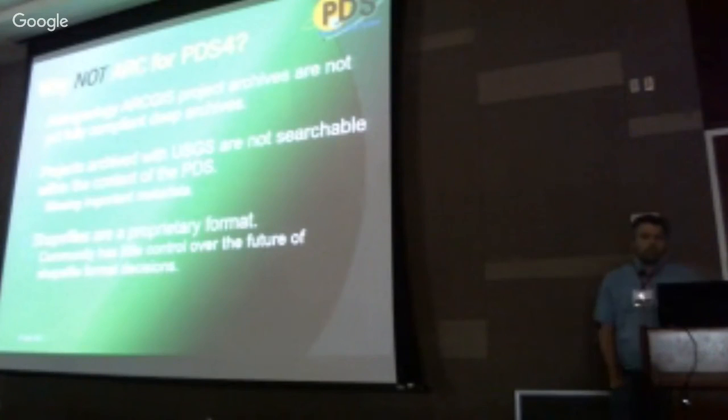And shapefiles are a proprietary format, which means the community has very little control over the future of the shapefile format decisions and whether or not they will remain compatible with the planetary sciences community. Whereas the OGC has demonstrated its willingness to be open to updates and corrections to their standards for the use of the planetary science community.